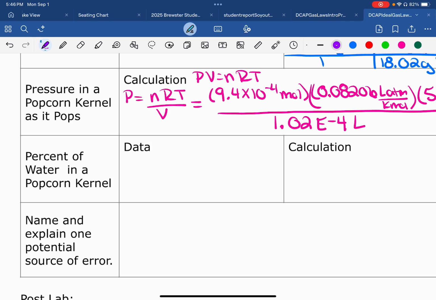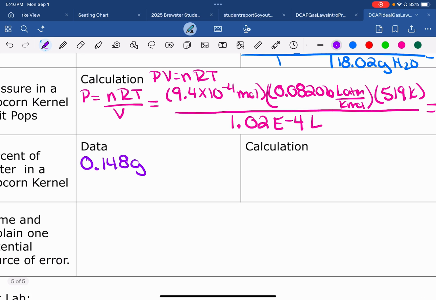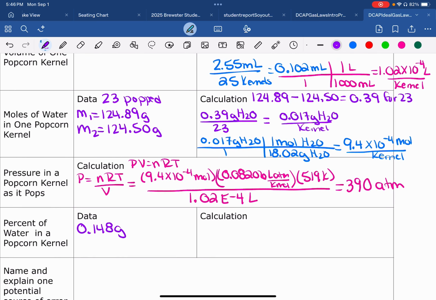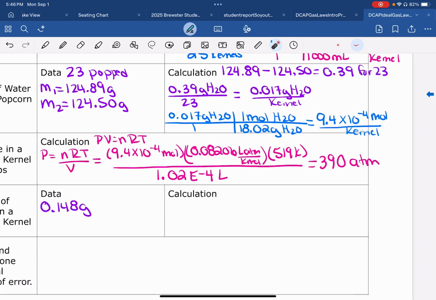So we had 0.148 grams from above, and we had right here, this is where I'm going to pull this number from too, 0.017 grams.